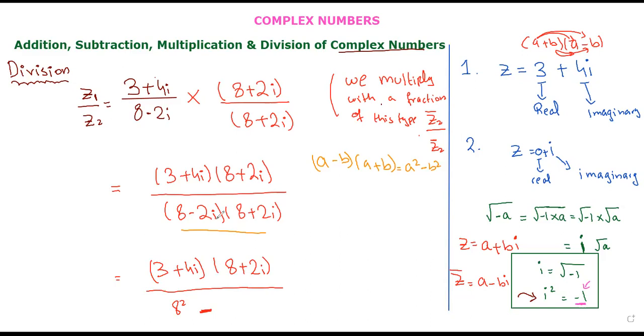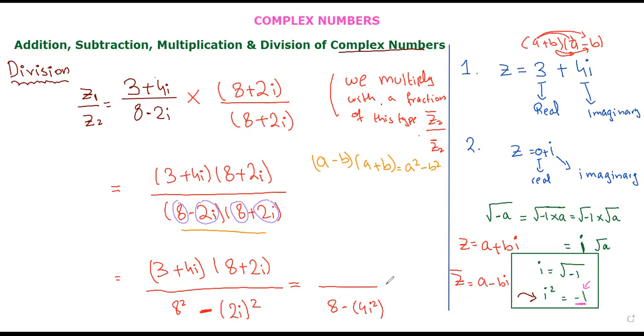Include iota in b. Always remember, students, most of the time they just mess up here. This is a and this is b, so we have a square minus b square. So this would be 8 square minus 2 iota square, which in the denominator is 8 minus 4 iota square, right?